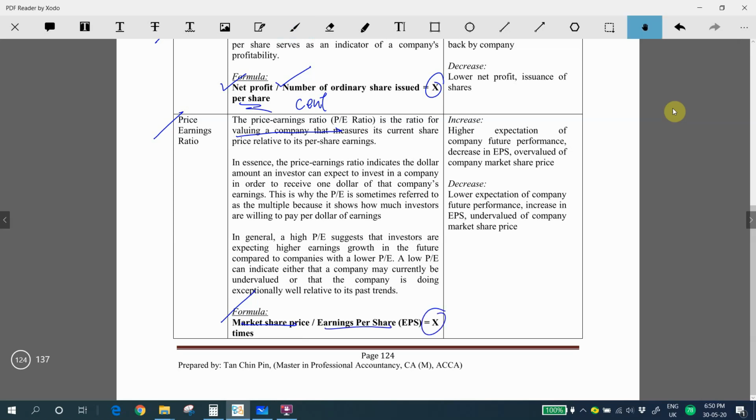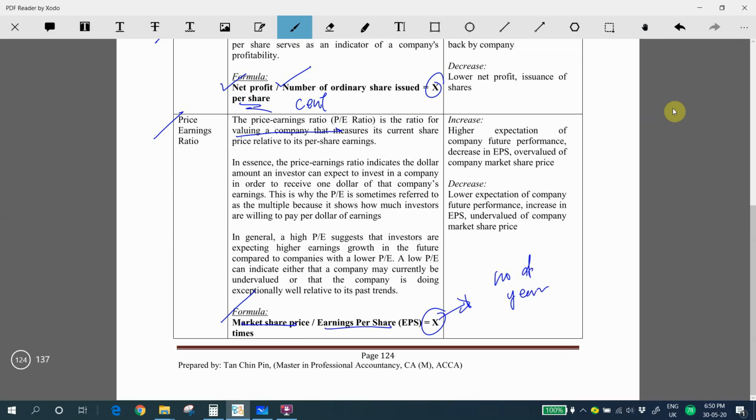Basically this ratio indicates how long you can recover the amount that you invest in the company. So the times here refer to the number of years.